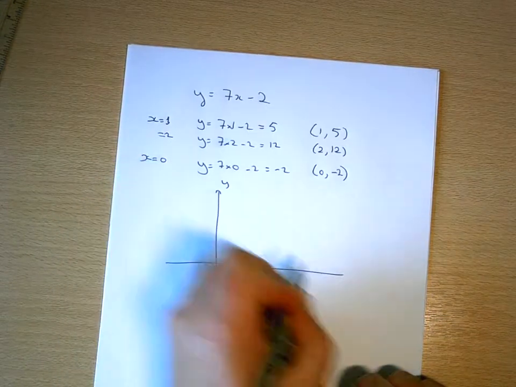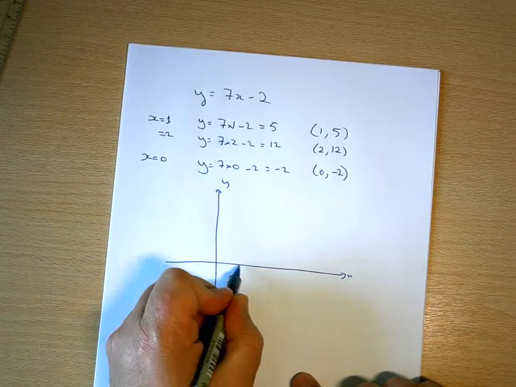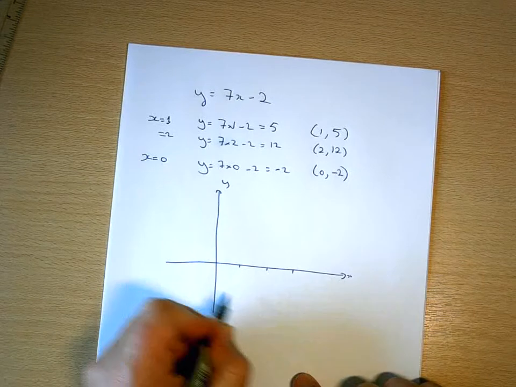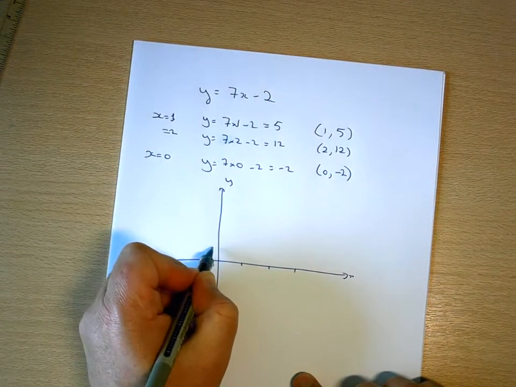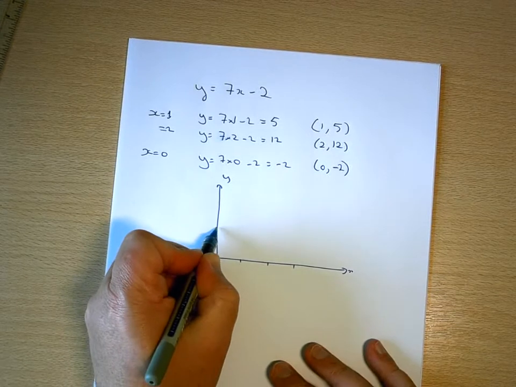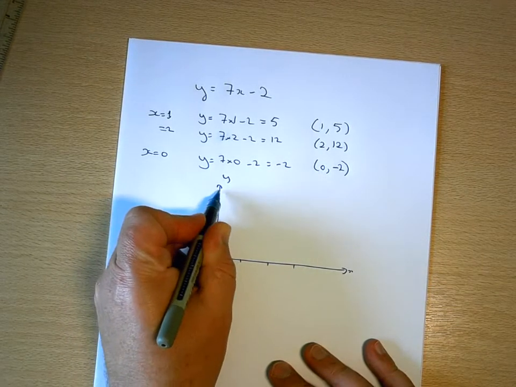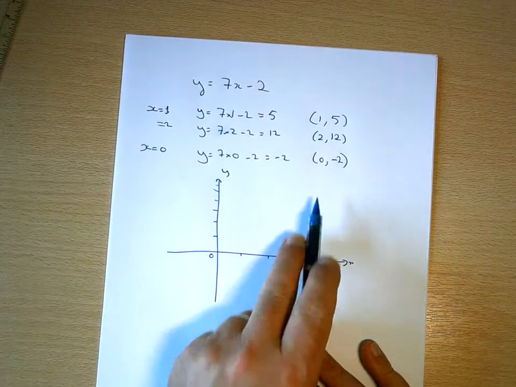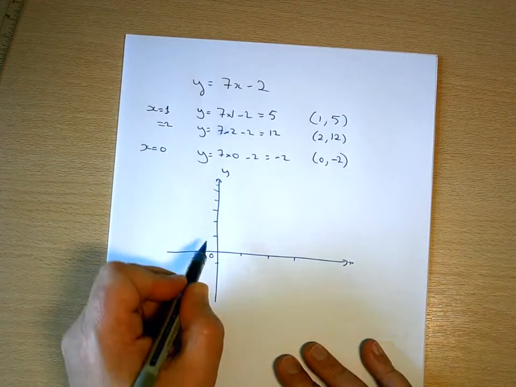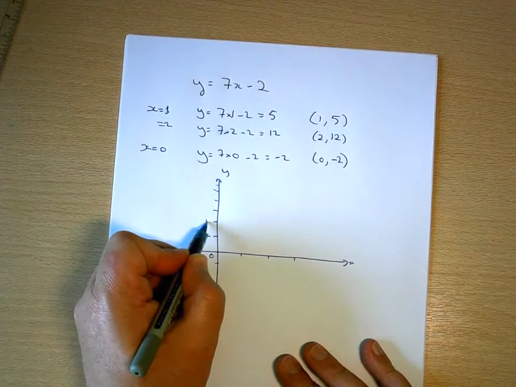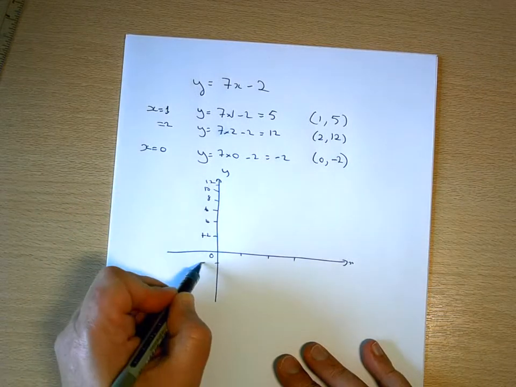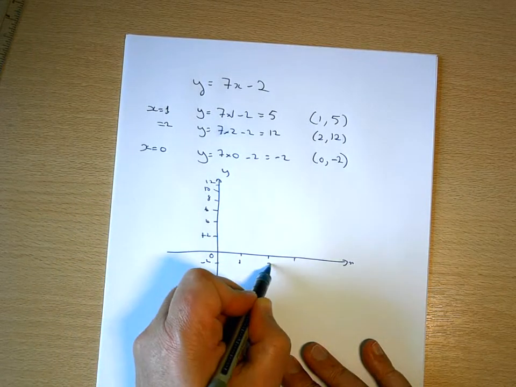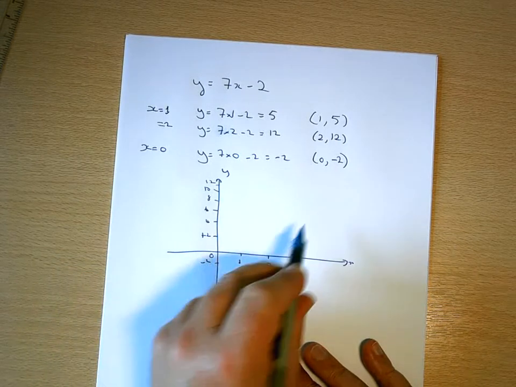Let's do a really crude little sketch. Y, x, if I'm going up 1, 2, 3, there's 0. And if I go up, I'm going up to 12, 2, 4, 6, 8, 10, 12. It's going to cross 1, 2, 3.